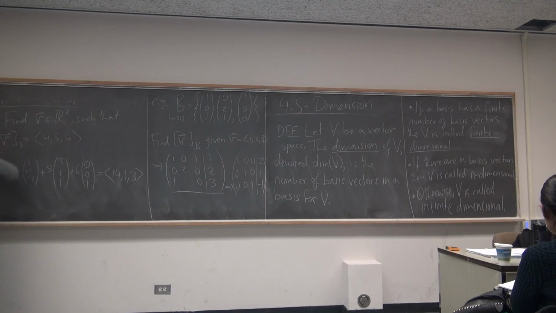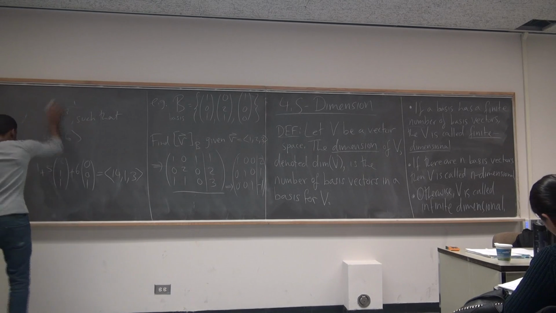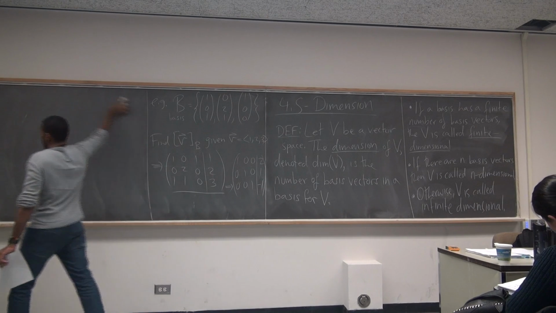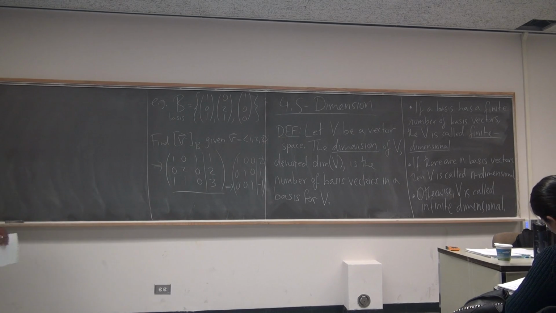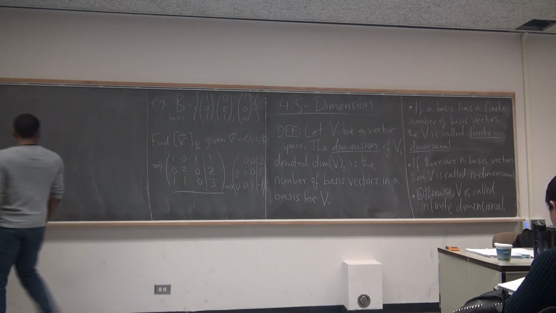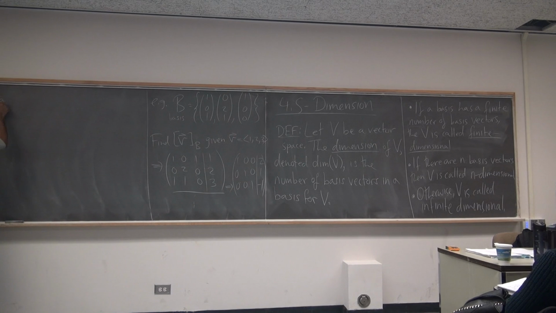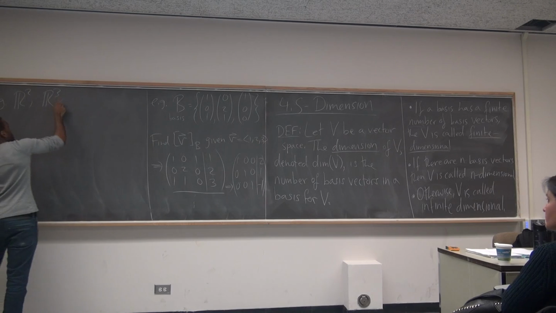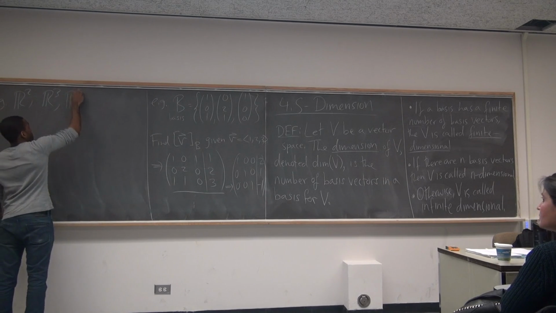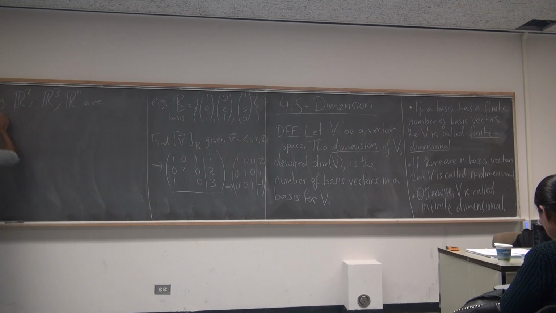Yes, infinite dimensional vector spaces are studied, but it's mostly something that math people do. Engineers and applied people won't really look at vector spaces like that. But they are useful in some contexts. Example: R2, R3, R, and in general Rn are finite dimensional.